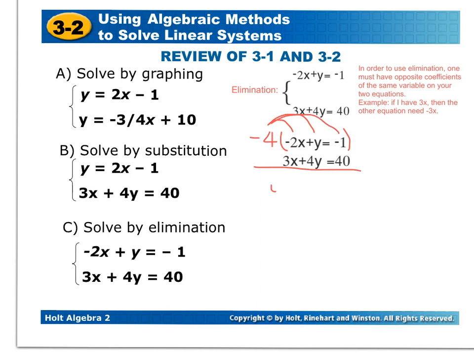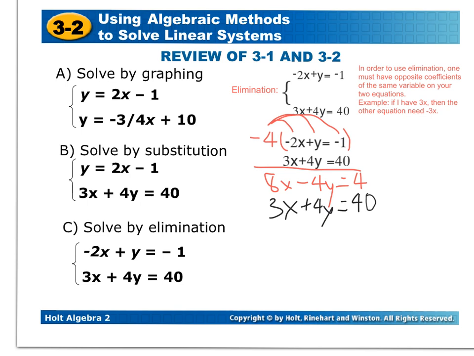So this gives me a positive 8x minus 4y equals positive 4. We still have the 3x plus 4y equals 40.